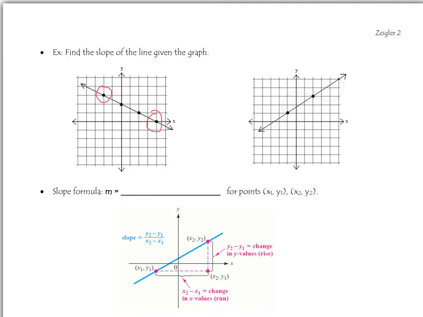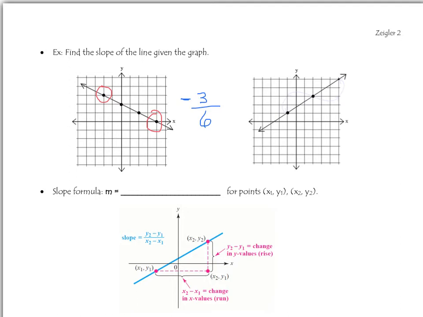The fall or the rise is going to be your numerator. And how far it runs, we start here and we go 1, 2, 3, 4, 5, 6. It runs 6. So we put 6, and since we can see it's running downhill from left to right, it's a negative.